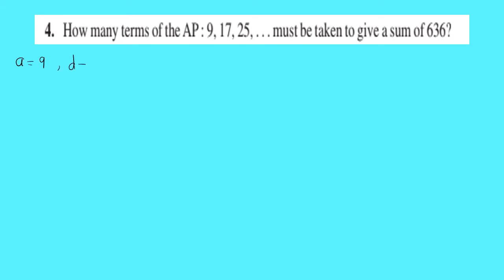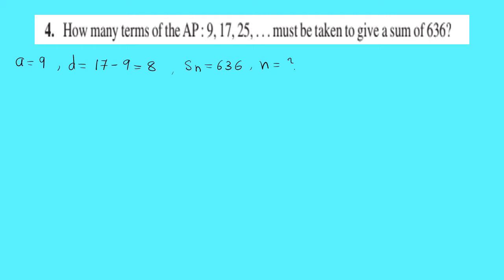Common difference d equal to a2 minus a1, that is 17 minus 9 equal to 8, and sum of the terms, that is Sn is 636, and you have to find number of terms, that is n. Now a, d and Sn is given, you have to find n.